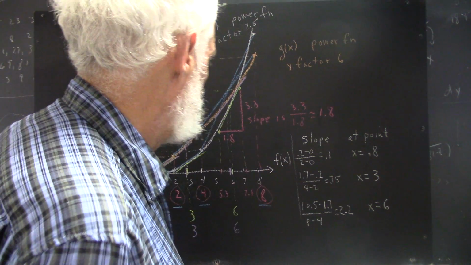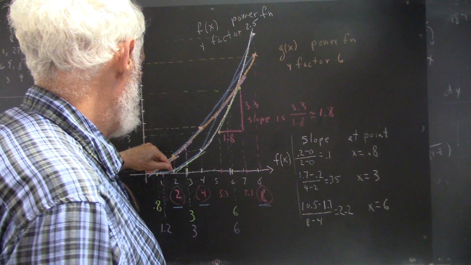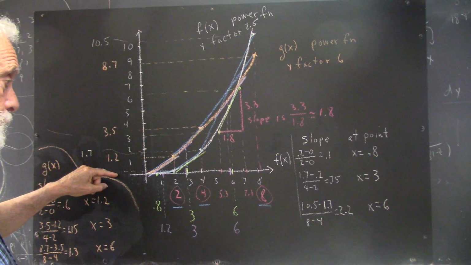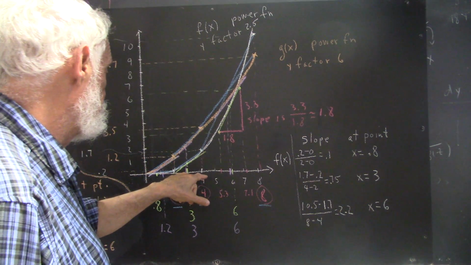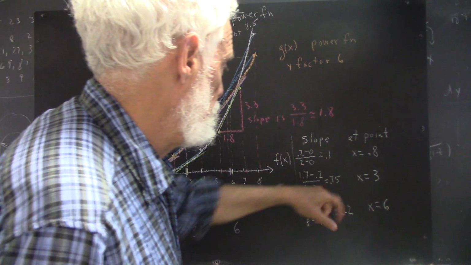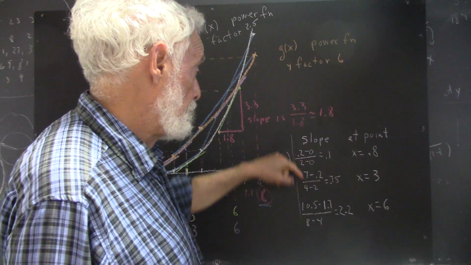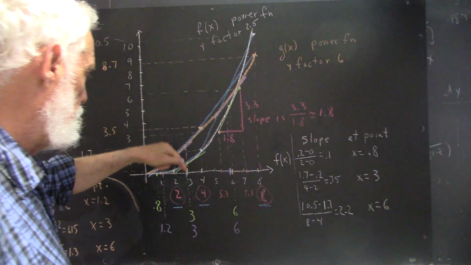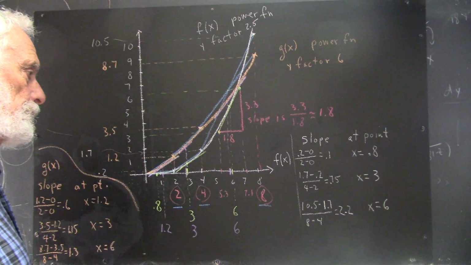Then we calculate the slope between this point and this point. Coordinates are 1.7 and 0.2, y-coordinates. X-coordinates are 4 and 2, so that the slope is calculated here, 0.75, and we estimate that tangent line occurs at x equals 3.